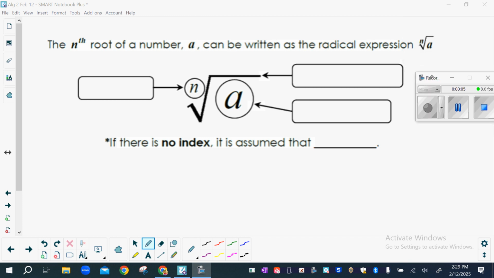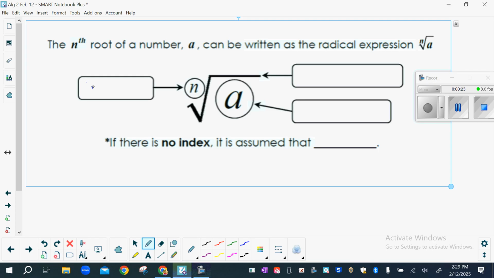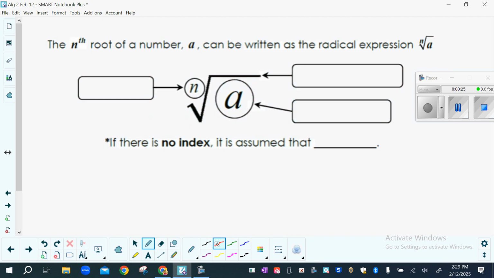Okay, so this unit is called radicals. So this here, the nth root of a number a, can be written as a radical expression, nth root of a. So this n is called your index. Let me get the red. It's called your index.